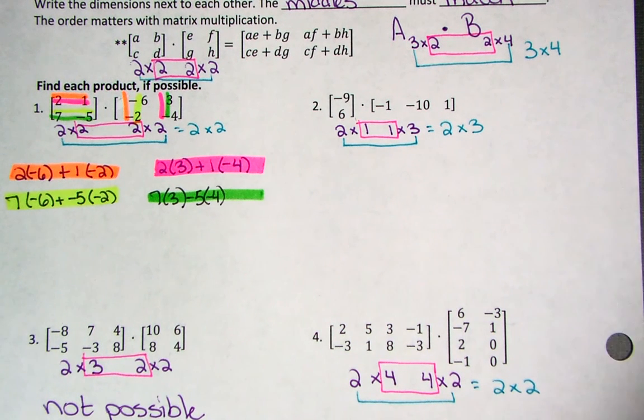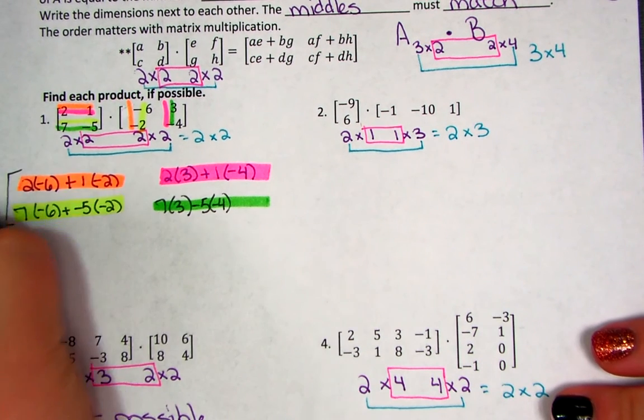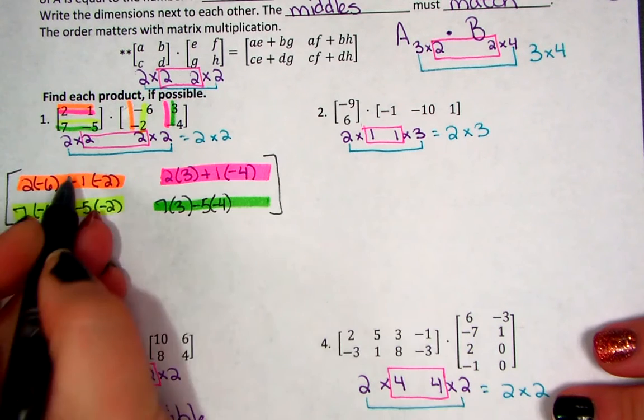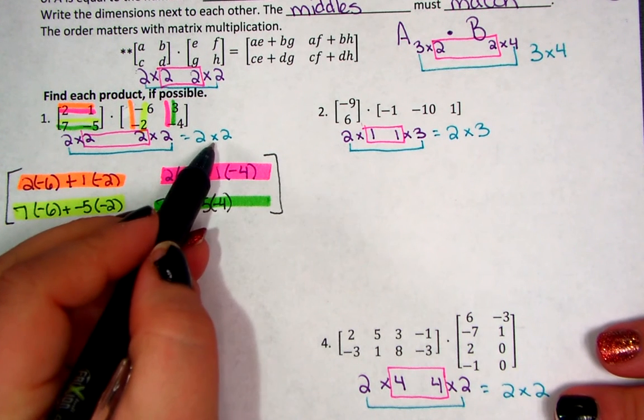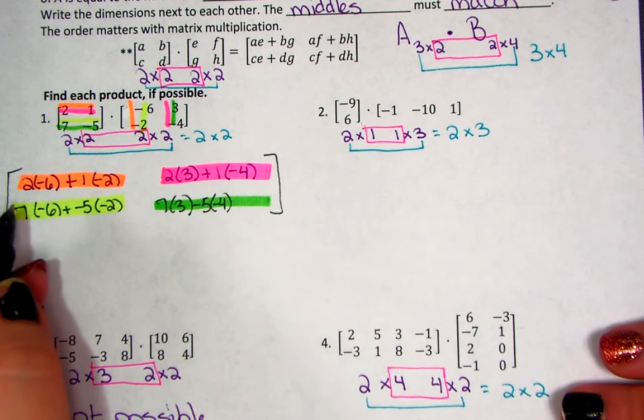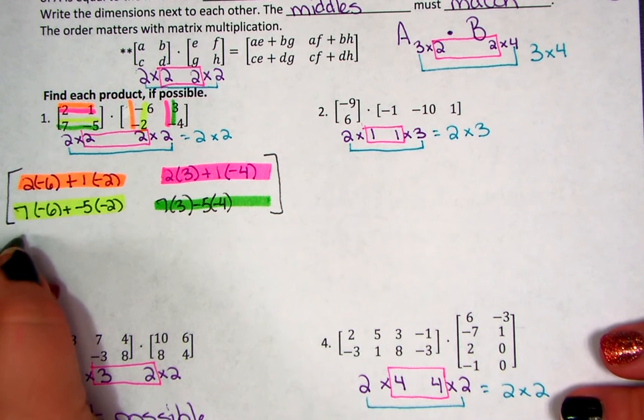As you can see, we have kind of created our 2 by 2 answer matrix, which is what we said that the answer matrix would have for the dimensions. The next part is just computation.